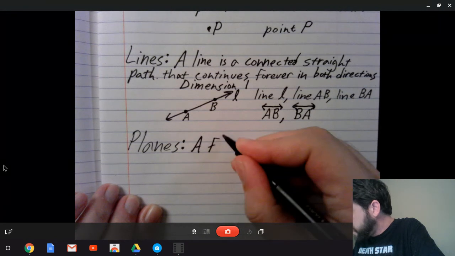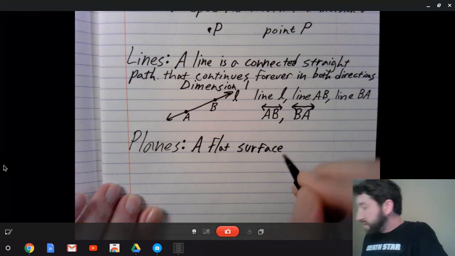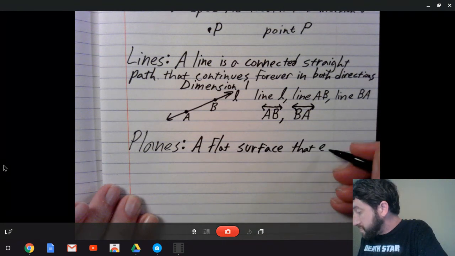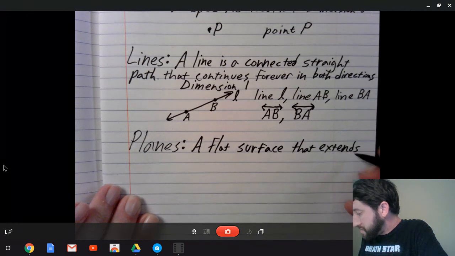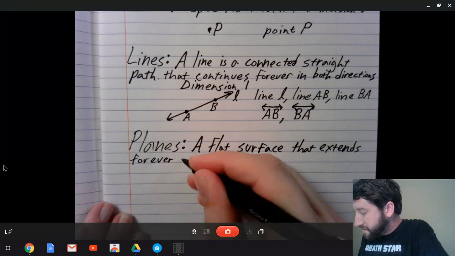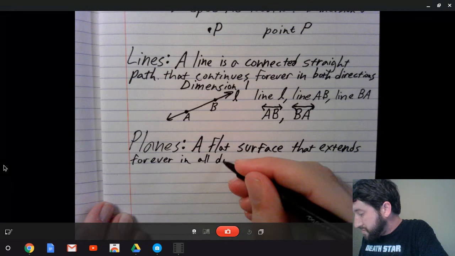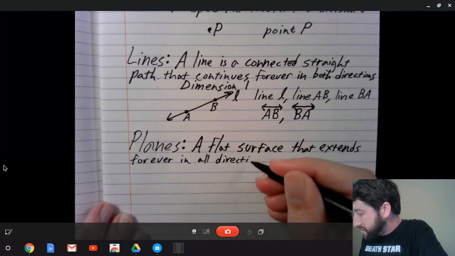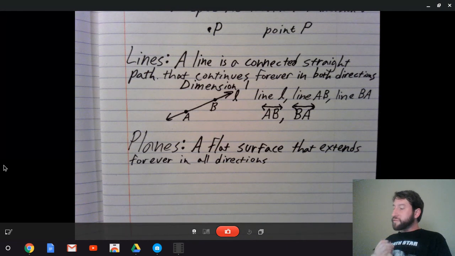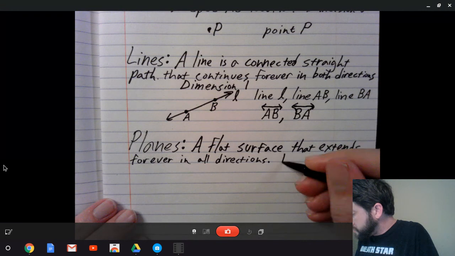Basically it's a flat surface that extends forever, in all directions. And I could also say that this is considered dimension 2.